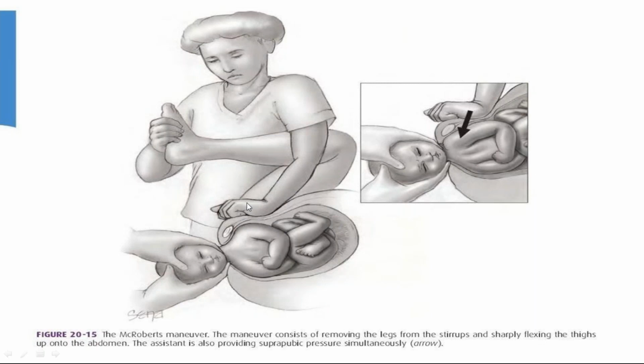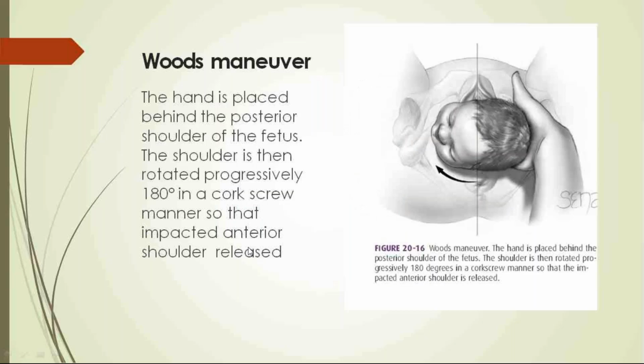By giving suprapubic pressure, the anterior shoulder will be disimpacted and delivered, and with the flexion of the legs there will be cephalad rotation of the pelvis, which in turn increases the anteroposterior diameter, by which we can deliver the anterior shoulder first.